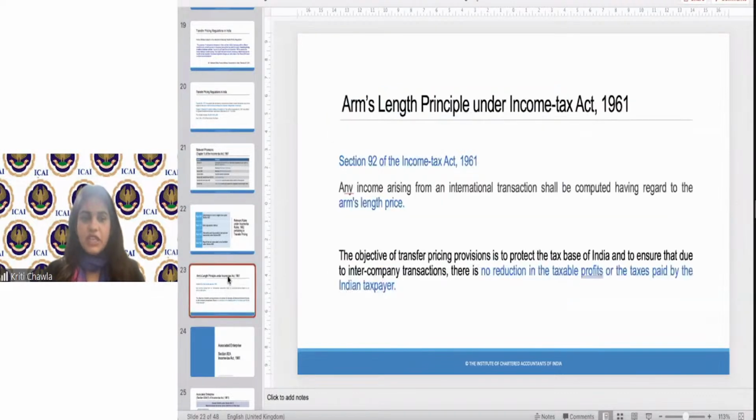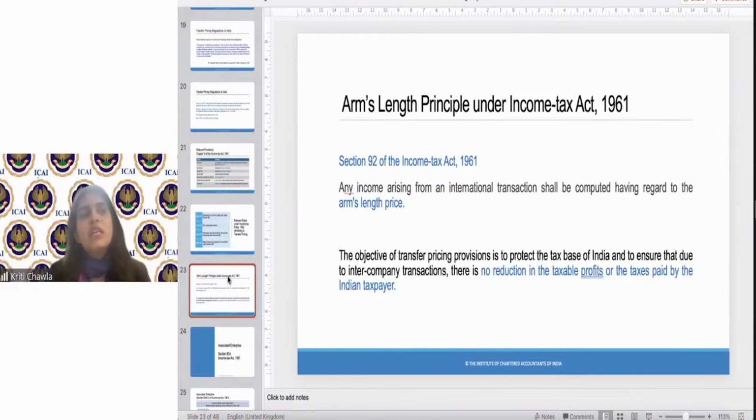So, wait for that. Now, as far as arm's length price is concerned, it is provided in section 92 of the Income Tax Act. And if you look at section 92, it is a very small section. It just says that whenever there is a transaction between related parties, and this transaction is an international transaction, then you will have to make sure that it is happening at something called arm's length price.